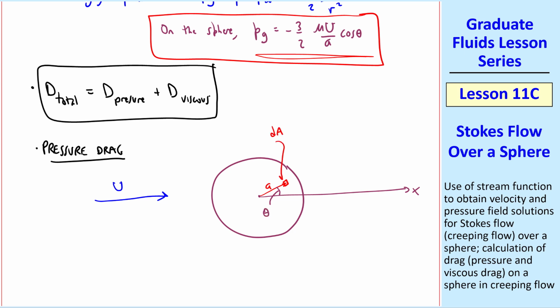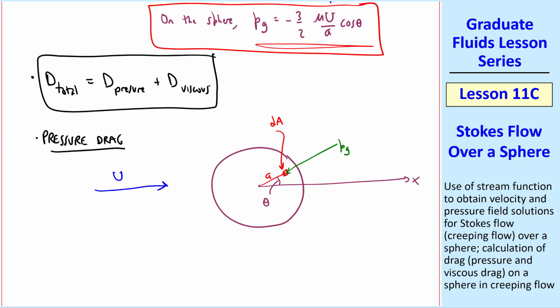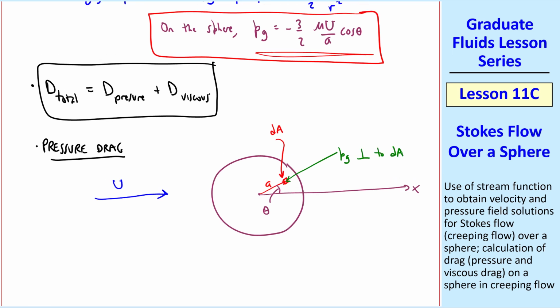The differential area element has area dA, and this gauge pressure always acts perpendicular to the surface element. Recall that we defined angle phi around the x-axis, so angle d phi is the angular extent around the axis of our area element. Similarly, d theta is the angular dimension of the area element in the theta direction.